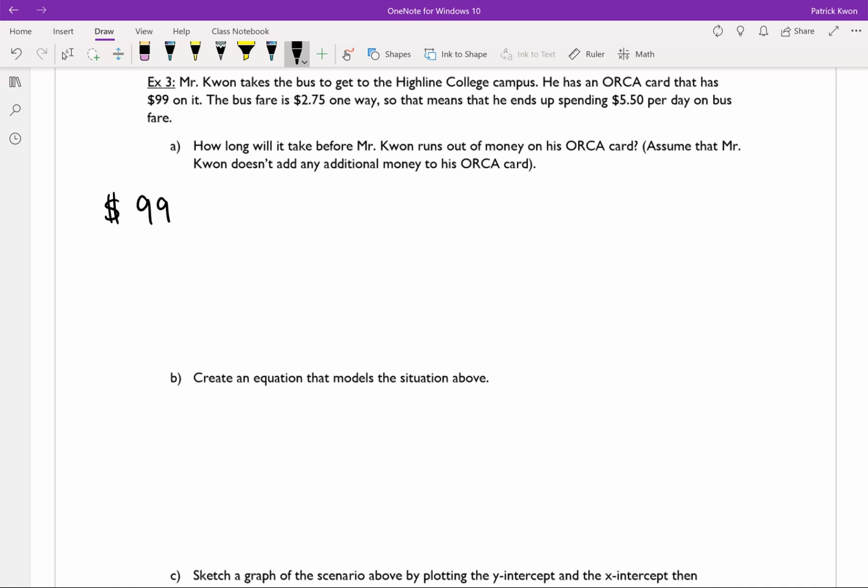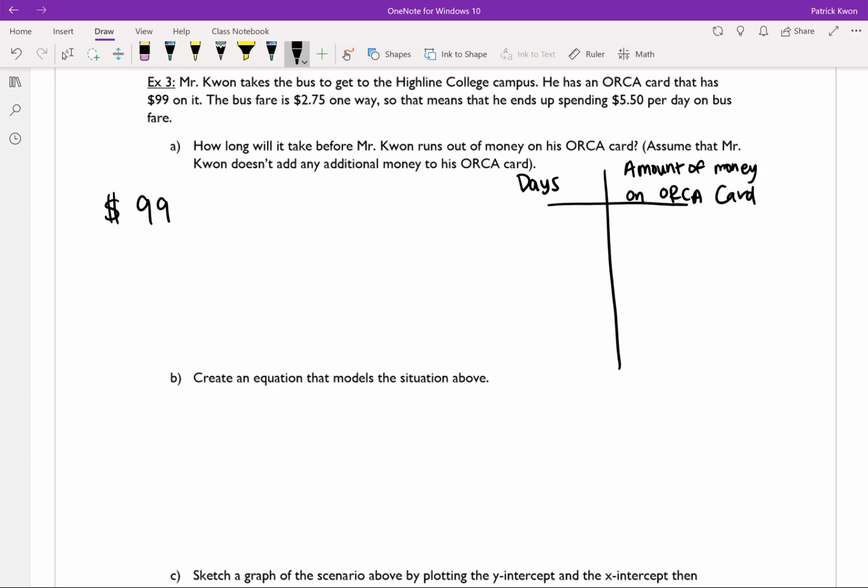So if I wanted, I could make a little table. And so this represents the number of days. And the output variable represents the amount of money on Orca card.